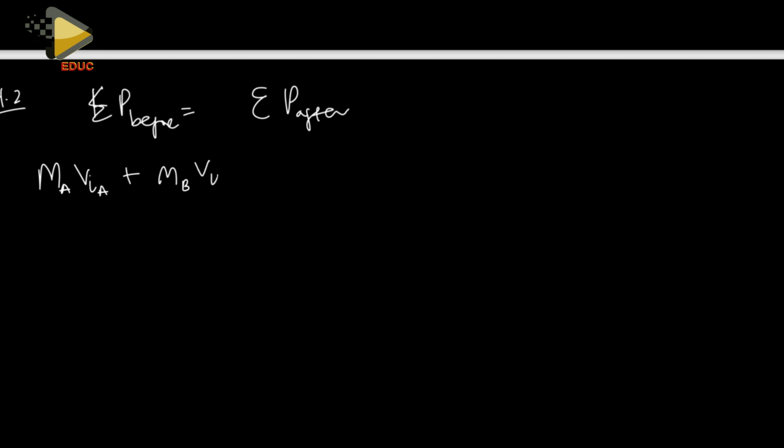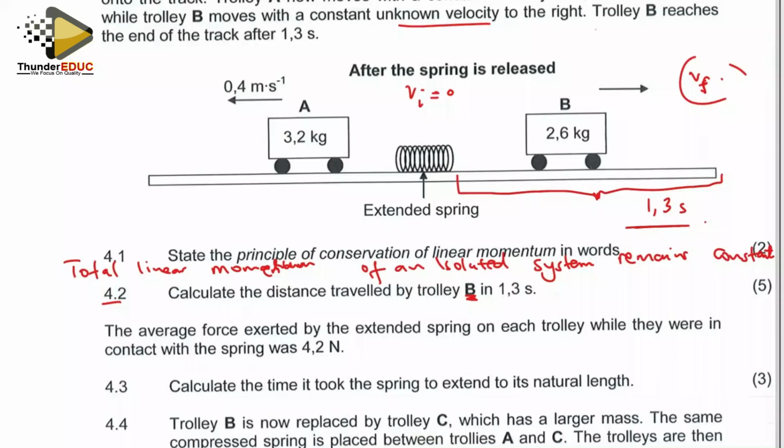So for 4.2, we're going to say that the sum of momentum before must be equal to the sum of momentum after, which is mass of A times V initial of A, plus the mass of B times V initial of B, should give us the mass of A times the V final of A, plus the mass of B times the V final of B. So the mass of A is 3,2.